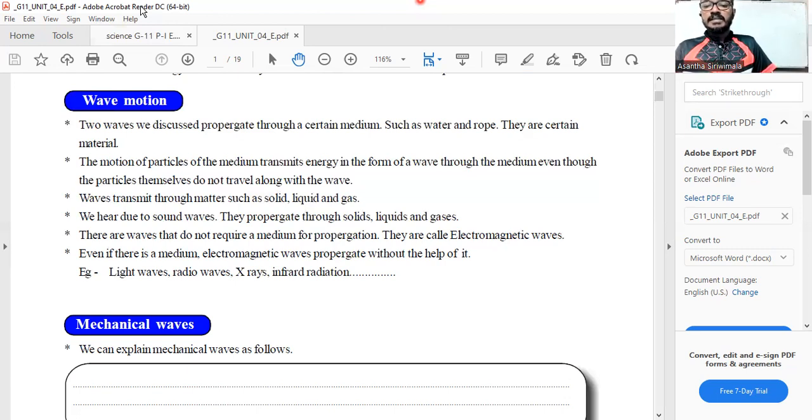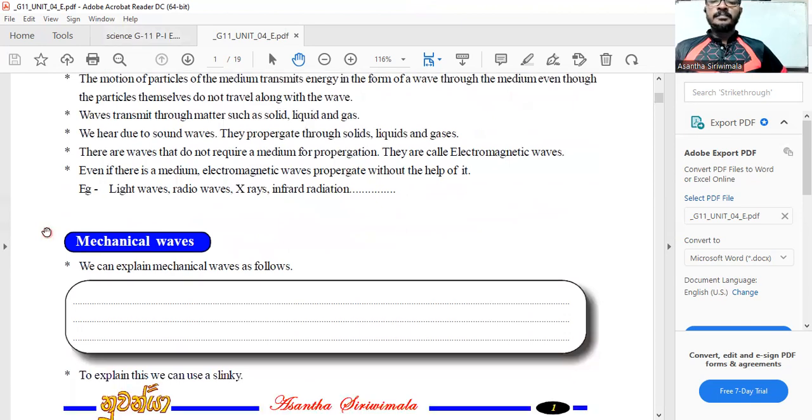Even if there's a medium, electromagnetic waves propagate without the help of it. Examples: light waves, radio waves, X-rays, infrared radiation. We are going to talk about electromagnetic radiation and waves in detail within this lesson in a few moments. First, we are going to talk about one of the two types of waves, the mechanical waves.